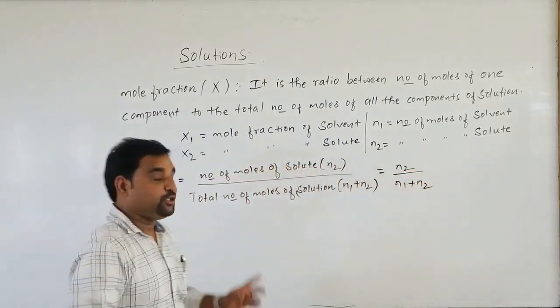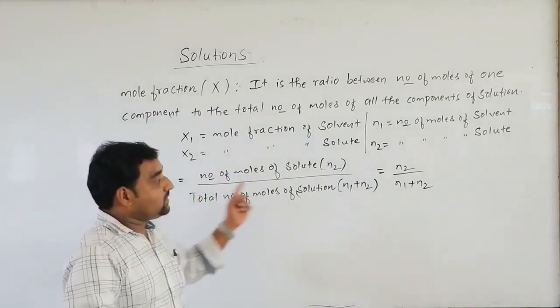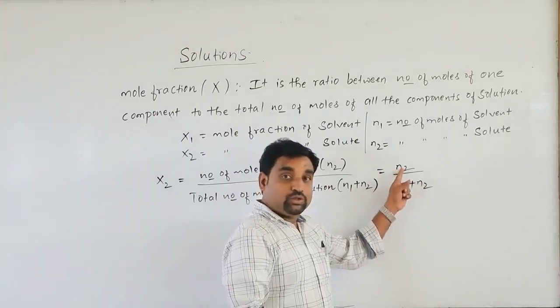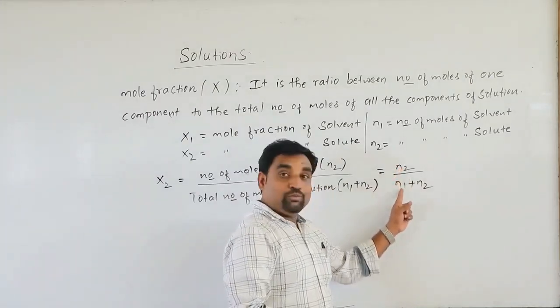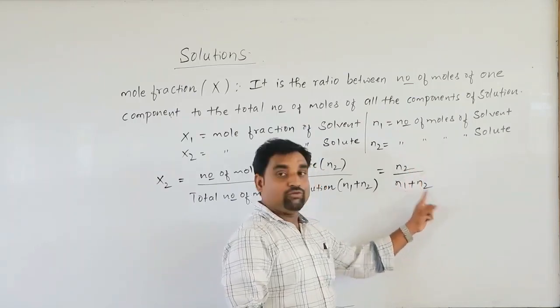How to define the mole fraction of the solute? It is the ratio between the number of moles of solute to the total number of moles of solvent and solute. So that is N2 divided by N1 plus N2.